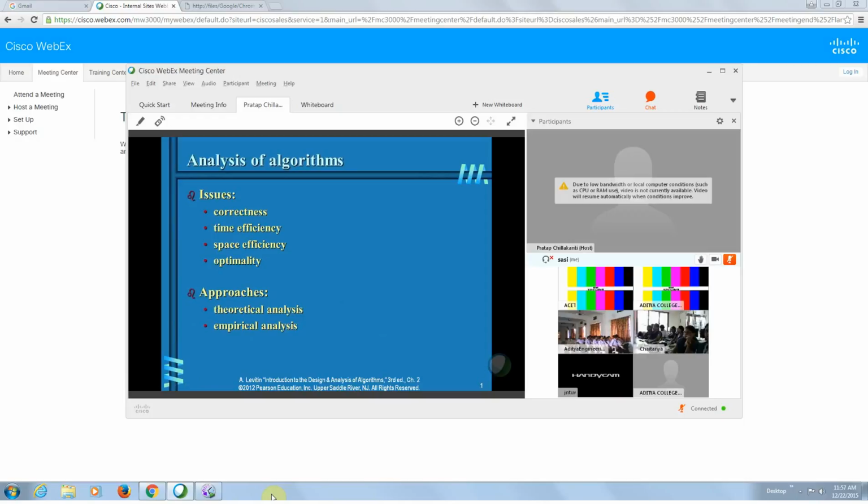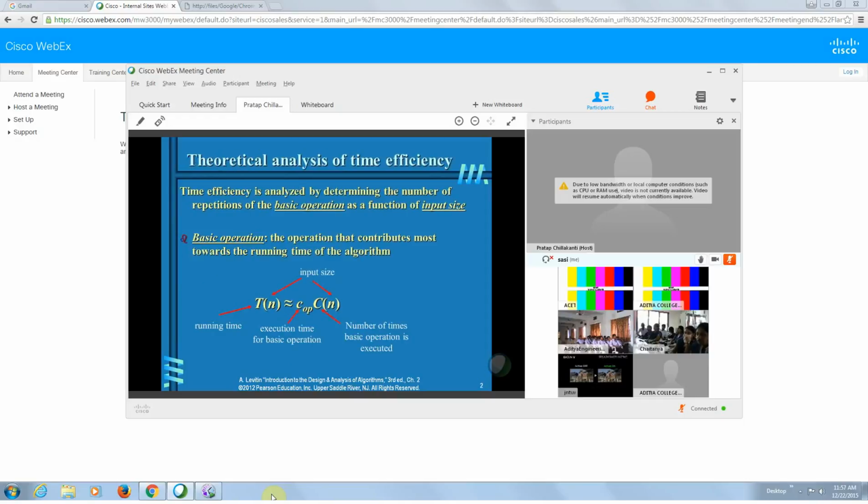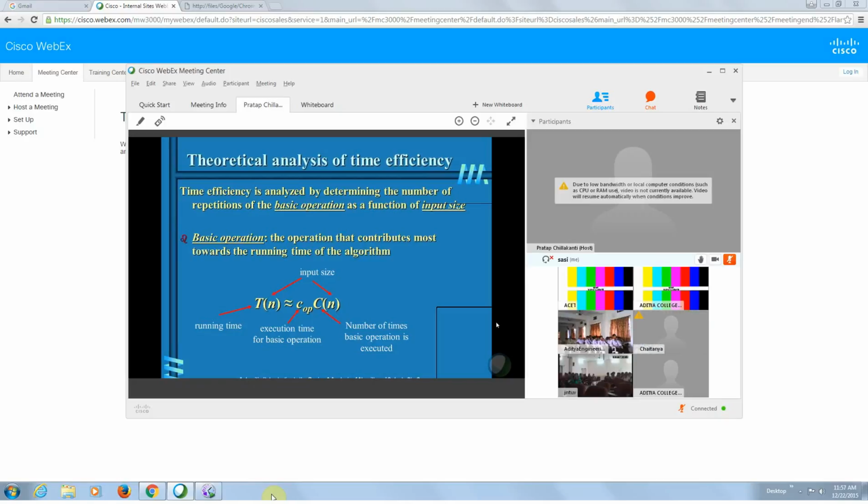So we'll talk a little bit about the correctness, time efficiency, space efficiency, and optimization. What do we mean by time efficiency, right? Time efficiency is analyzed by determining the number of repetitions of the basic operation as a function of the input size. You have certain input that you're getting, you know the size of the input.